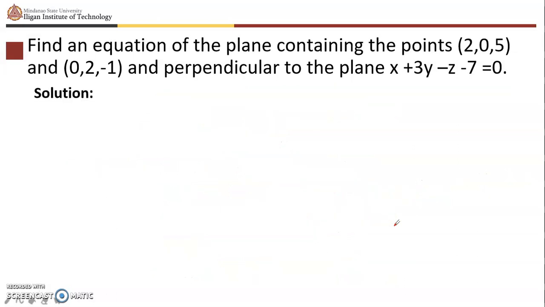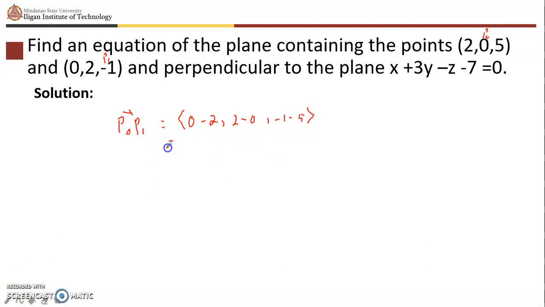We take first the vector P sub 0 P sub 1, which is equal to (0 - 2, 2 - 0, -1 - 5). Sorry, negative 1 minus 5, which is negative 6.